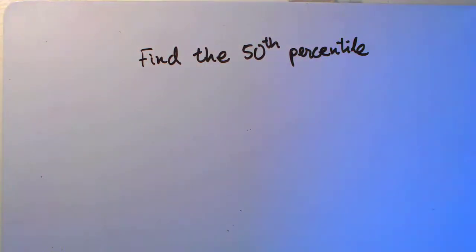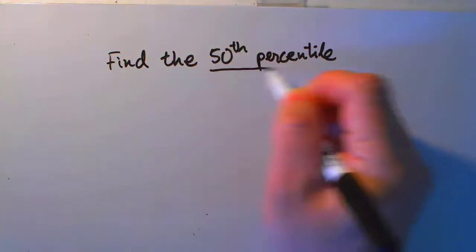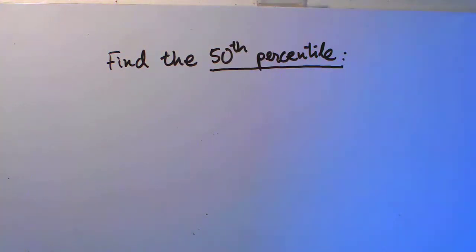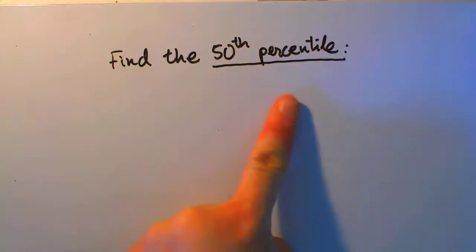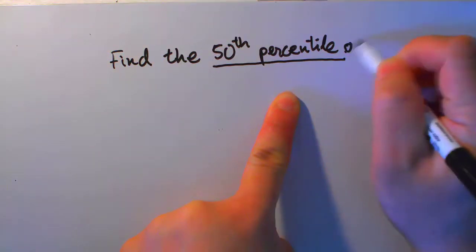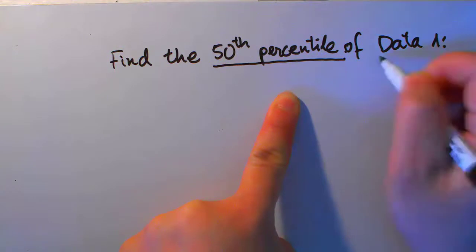As soon as I finish writing down the problem, you can go ahead and pause the video and start working through your steps, and make sure you document your steps carefully. Once you finish and come up with your final 50th percentile, indicate once again which value in the data set, data 1, has 50% of data falling below it.